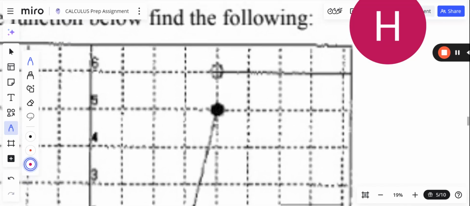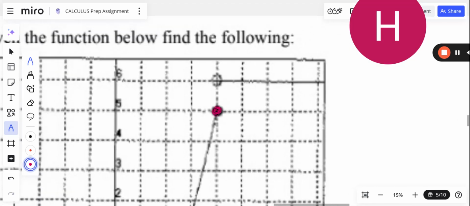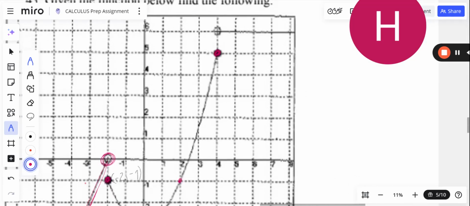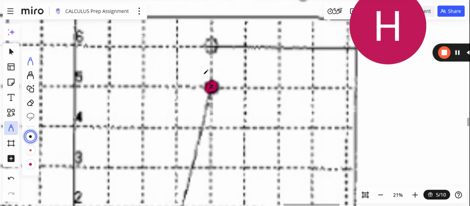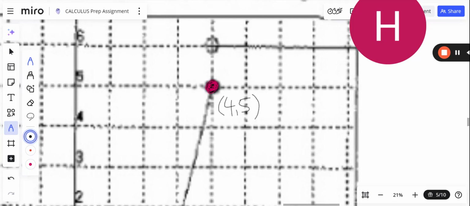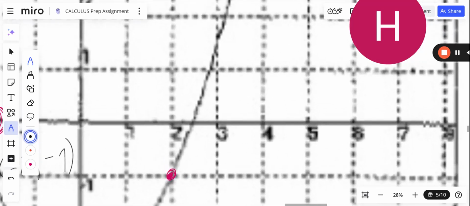And then we also have a closed dot here at 4, 5. So as long as you have those points, you really don't need much more. We're not going to do anything with the x-intercepts, so it doesn't have to go through a specific location very perfectly. It should cross between x equals 2 and x equals 3, but we're not going to be picky about exactly where it crosses.